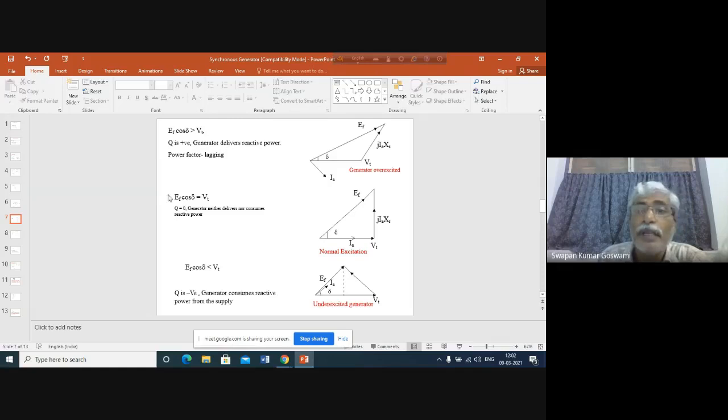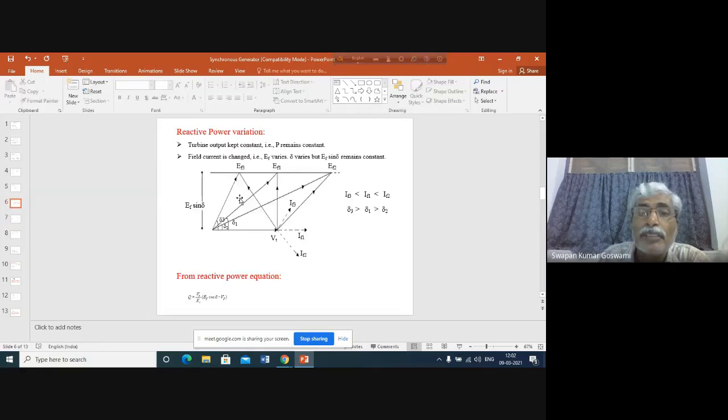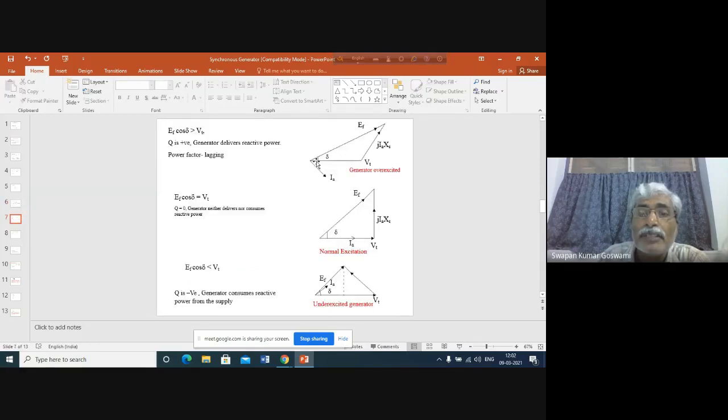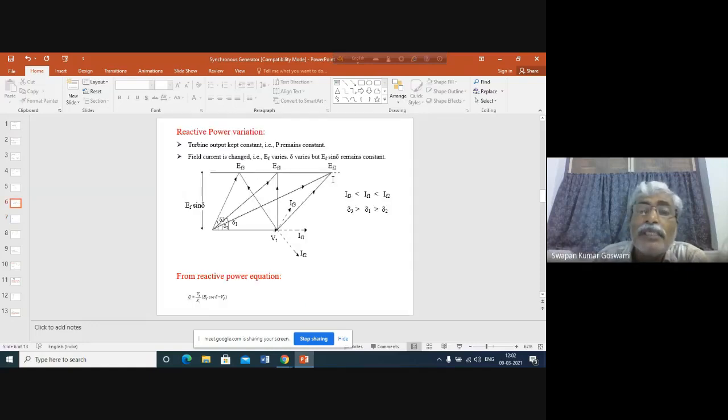We have drawn a smaller part of the phasor diagram here, and instead of drawing all these things here, let us focus on an individual phasor diagram. It will make things easier to visualize. Now what happened? You see that in this case, EF cosine delta is greater than VT.